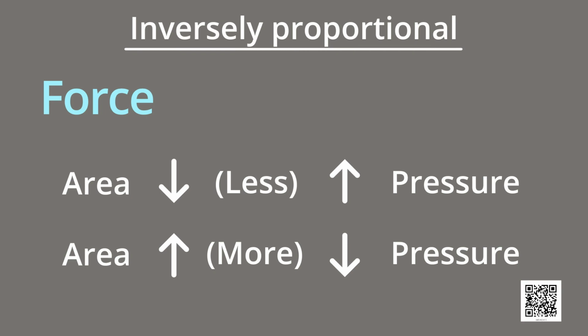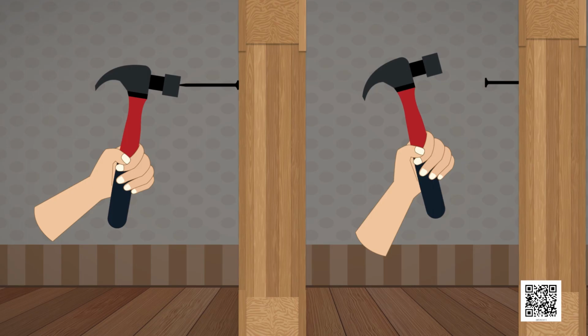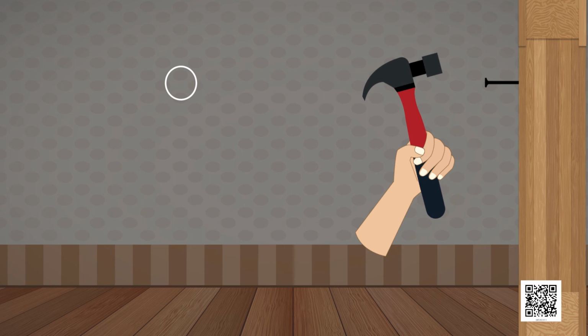That is why the nail didn't move in from its head side, because the area of the head side is more than the pointed side, and due to larger area, pressure becomes less.